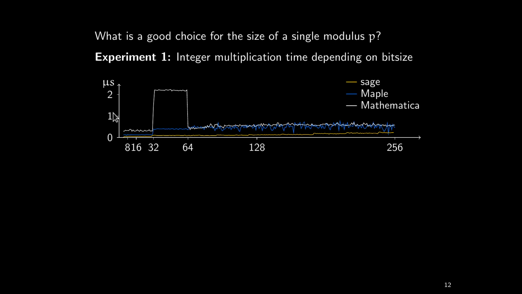And you see this is microseconds, and this is the bit size of the primes. And you see, okay, there's something funny going on here. Probably it's a bug, but otherwise they all agree that there's actually not very much growth in the computation time.